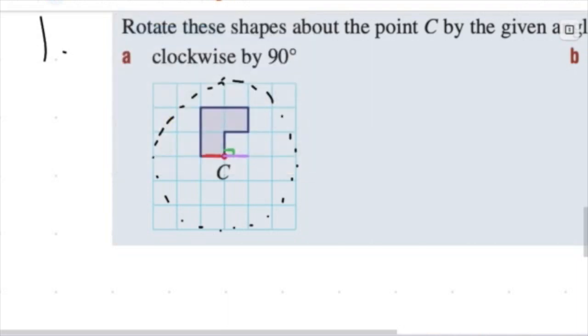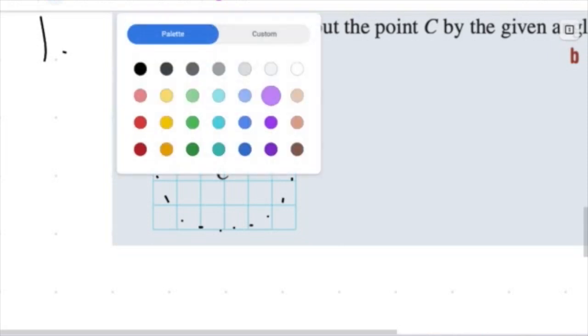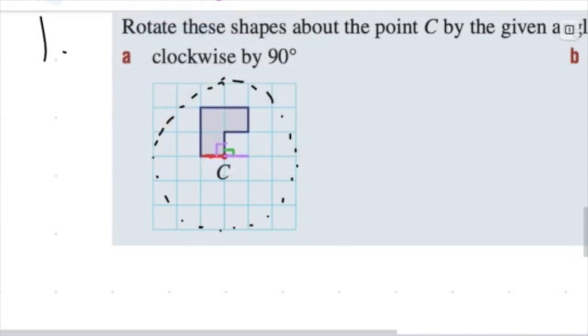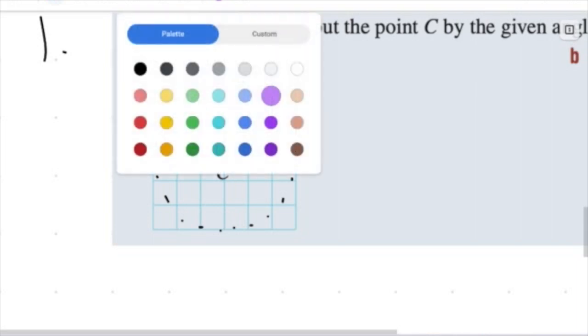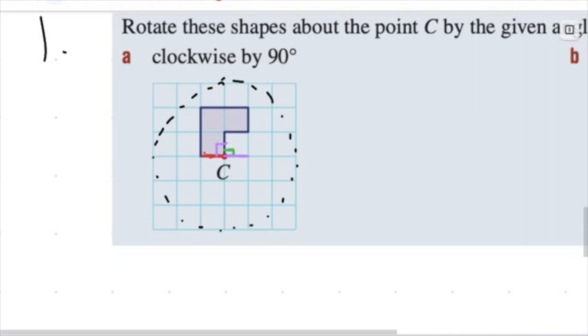This line here, we want this to go 90 degrees in the clockwise direction once again. So that's going in this direction to the right here.